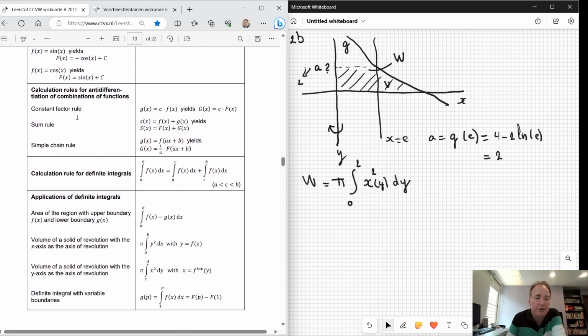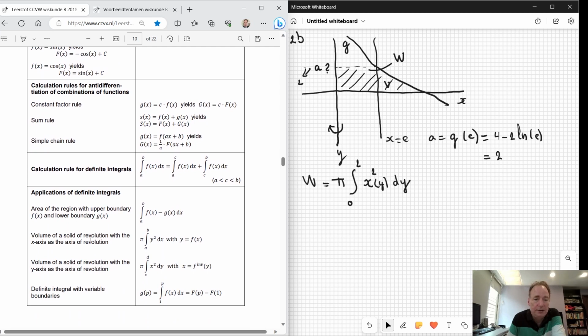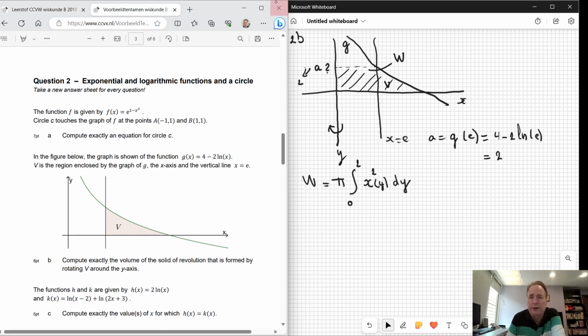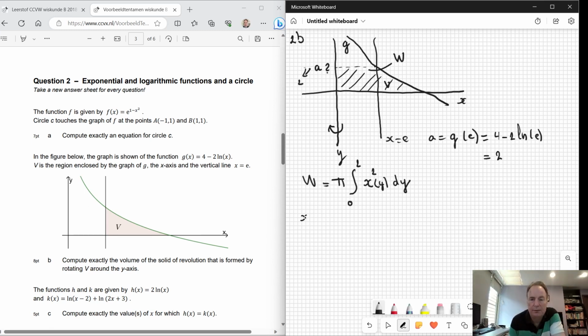These exams are pretty consistent this way. Okay, here it is. So pi here and x squared, and the x is a function of y that we have to find from taking the inverse.